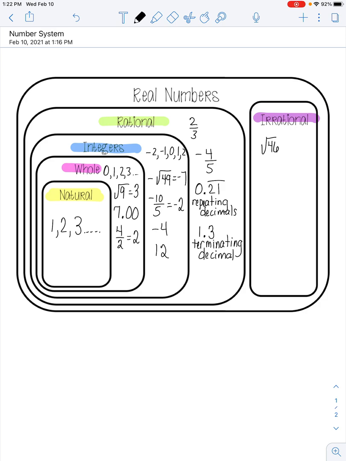The decimal wouldn't stop, and it wouldn't have a repeating pattern. So it's irrational. Even stuff that looks like this, square root of 2/3. That's a fraction, but it's the square root of a non-perfect fraction.